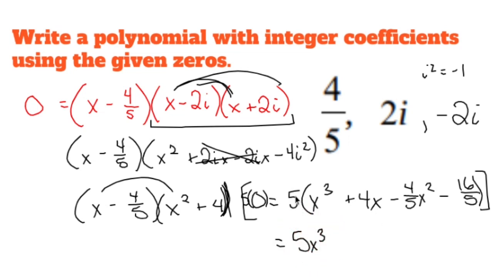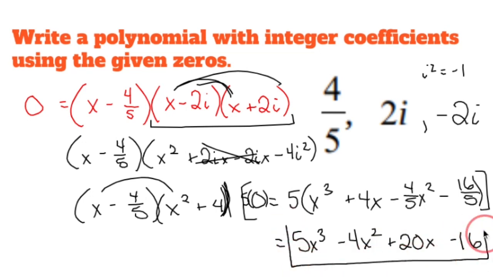Let's put it in order. 5 times negative 4/5 is going to be negative 4x squared. Plus 20x minus 16. That is a polynomial that when set equal to 0 gives me zeros of 4/5 and 2i. And oh yeah, by the way, negative 2i.